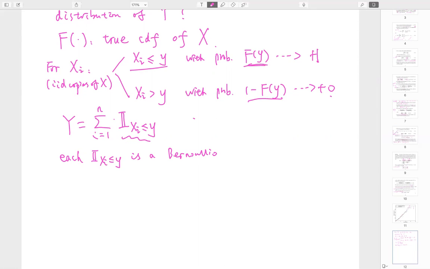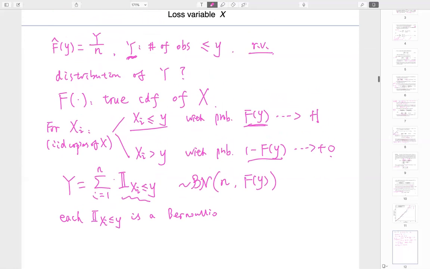So they are IID, and this will be a binomial distribution with first parameter n, second parameter Fy, because when we sum up n independent, identical Bernoulli distributions, we get a binomial. So from here, we have all the information we want.